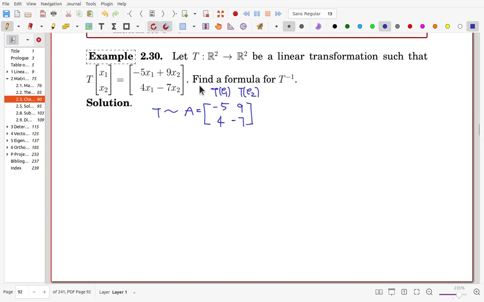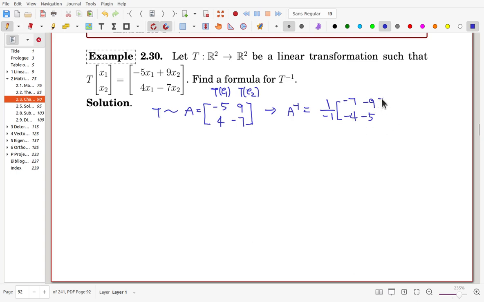Now, to find the formula for T inverse, we may try to get A inverse from here. It is a 2x2 matrix, so we already know the formula. AD minus BC is 35 minus 36, so that is 1 over -1, and then change the position and change the sign. So -7, -5, change the position, change the sign.